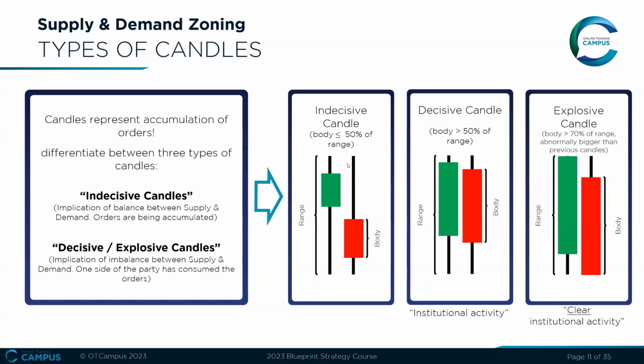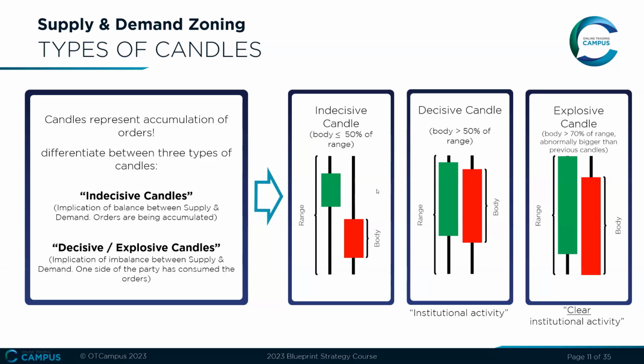And what you can see from left to right, if we start right here, is candles that have a small body and relatively large wicks. Now, when we categorize our candles, we will look at the relationship between the range and the body of our candles.